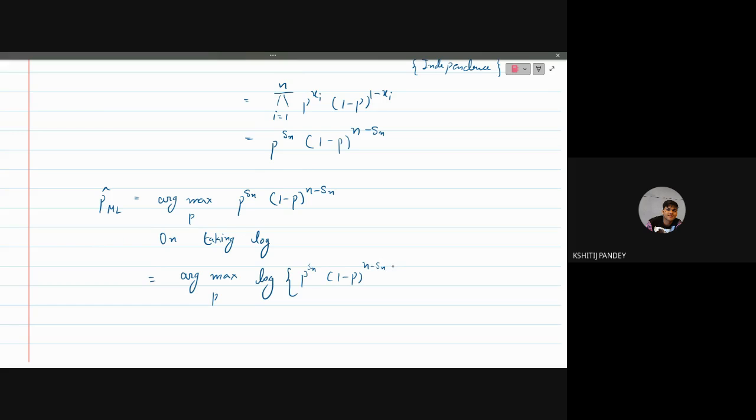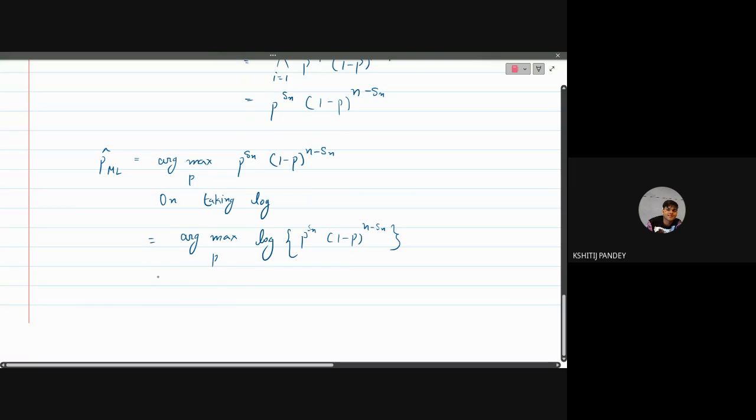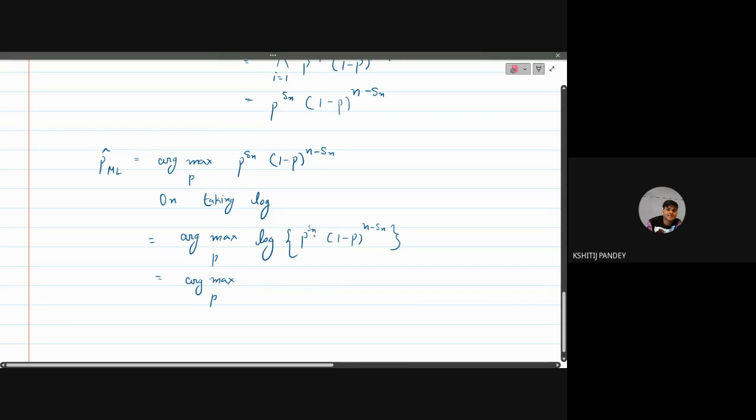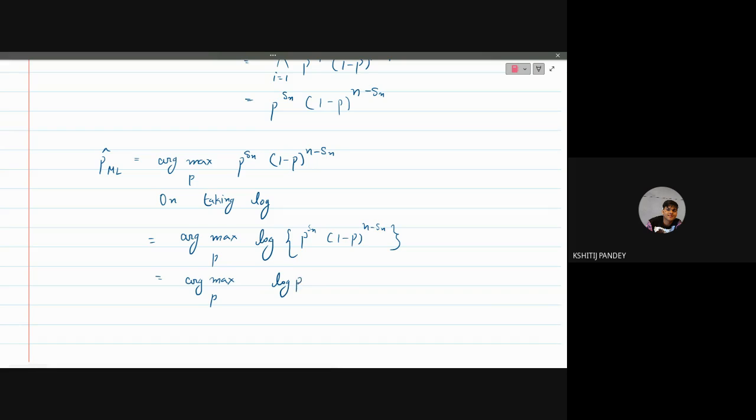And now just use the property of log. So this will be equal to argmax of log of p raised to the power Sn, and this Sn will come here.